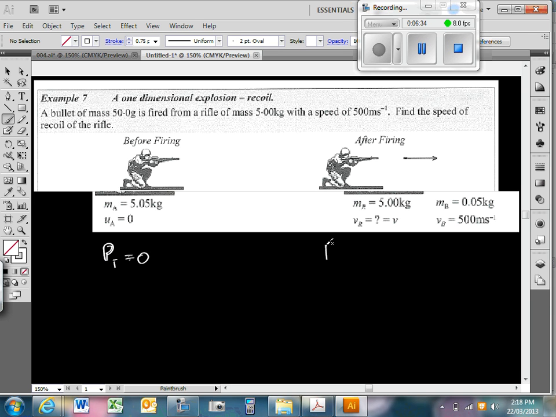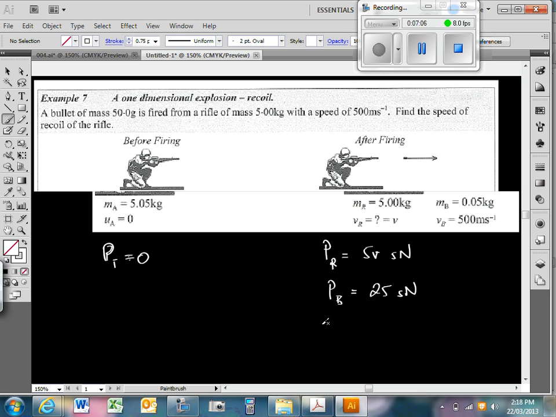And momentum of the rifle equals 5v sec-newtons. Momentum of the bullet equals 0.05 times 500. 25 sec-newtons.